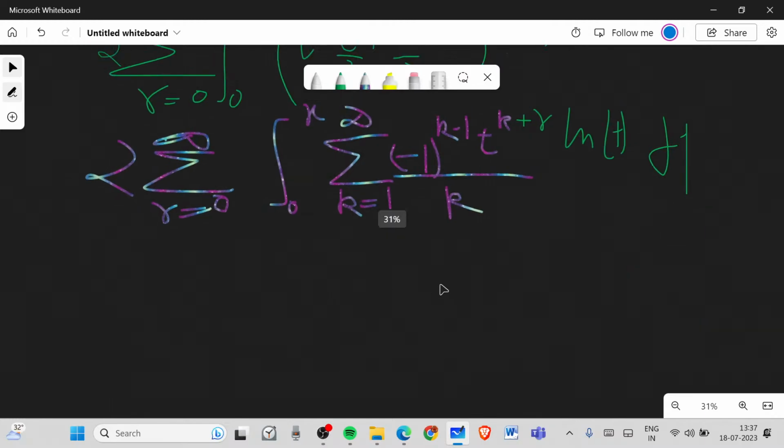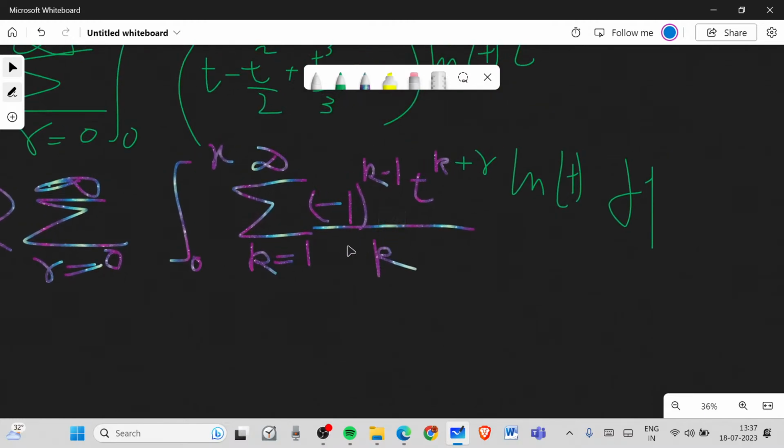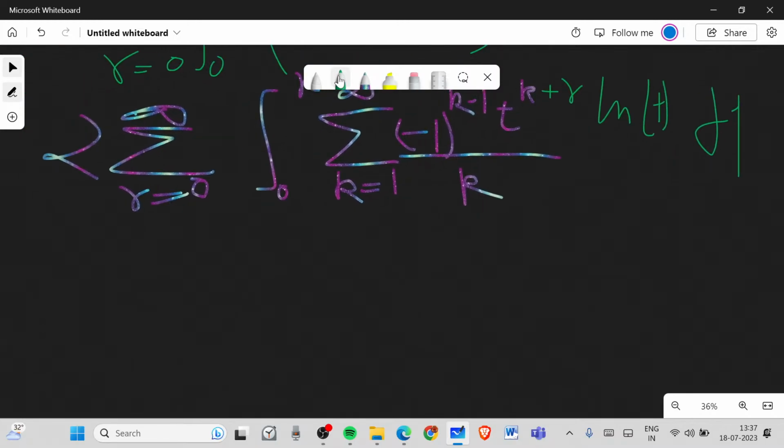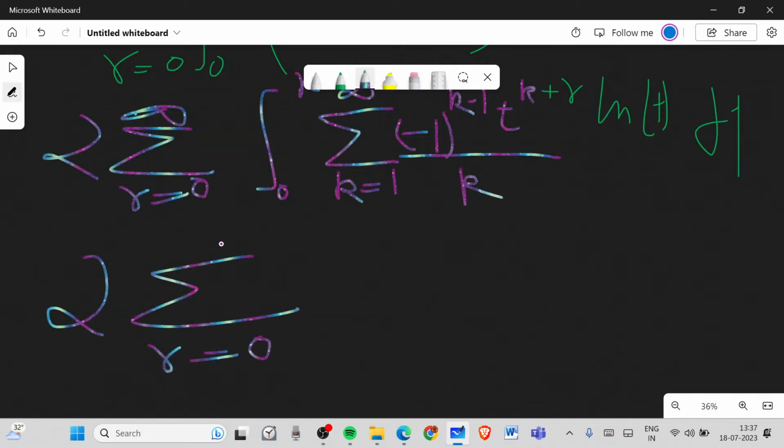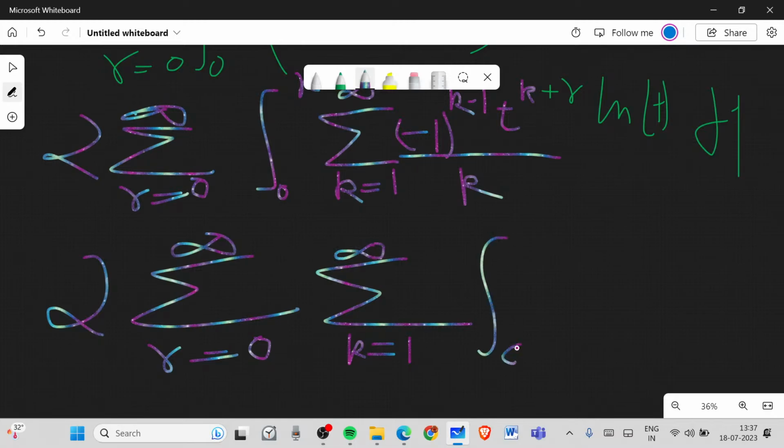And we shouldn't even. So basically, okay, we can at least pull these residues out, right? So we get a double sigma. Sum r is 0 to infinity, sum k is 1 to infinity, integral 0 to x t to the power k plus r ln t.